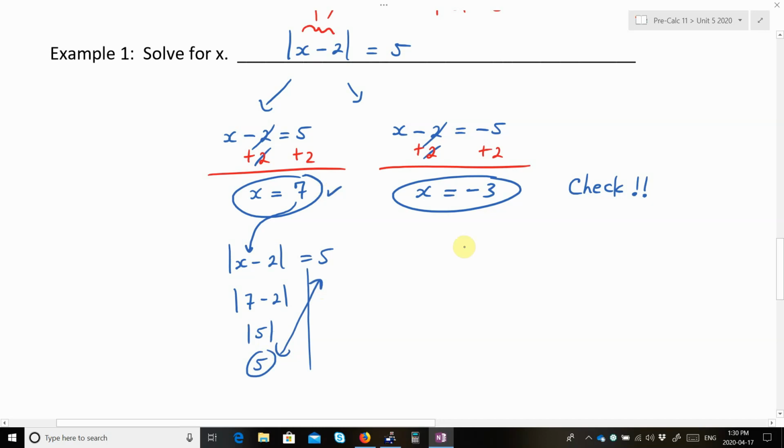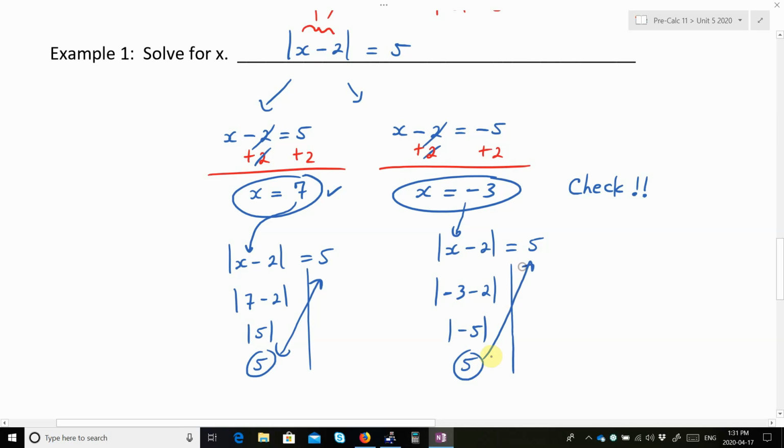That's a good answer. And now let's check x equals negative 3. Barrier. So we are going to take negative 3 and plug it there. So we have the absolute value of negative 3 minus 2, which is the absolute value of negative 5, and the absolute value of negative 5 is 5. So that works as well. Both of our answers work, so they are good.